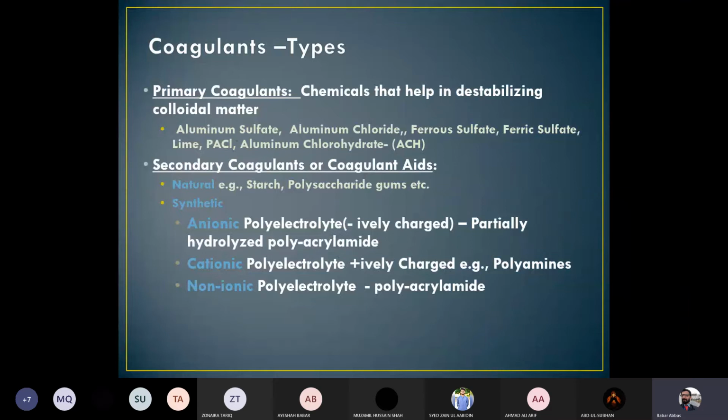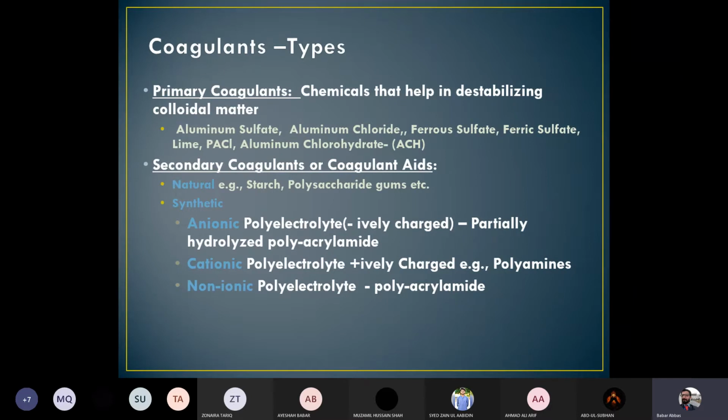Then secondary coagulants or the coagulant aids, natural, synthetic. The natural secondary coagulants are starch, polysaccharide, gums, etc. While the synthetic or the coagulants which were manufactured in the laboratory or at industrial level are anionic or cationic or non-ionic.